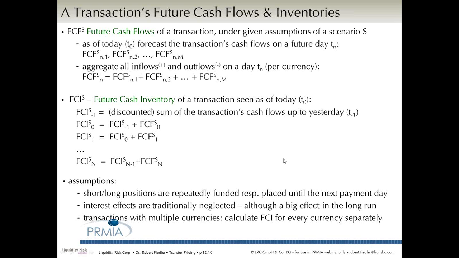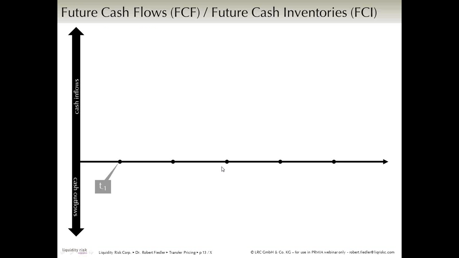If we would put an outflow in one currency and an inflow in another currency together and aggregate them, then we would already do some liquidity risk mitigation, which is not so clear if it can be done, because as we've seen in the last crisis, the mitigation of euros and dollars was not so straightforward. Actually, it killed some banks.